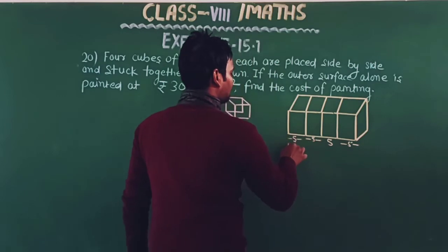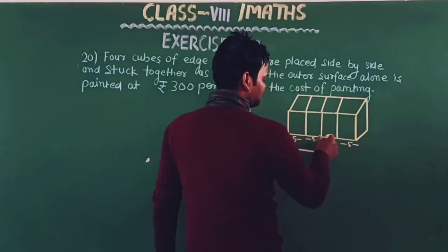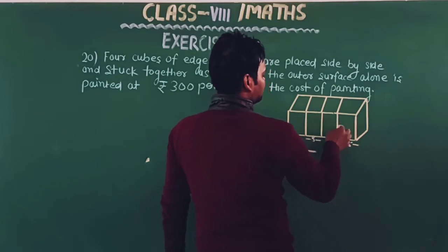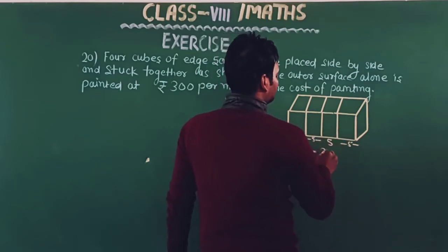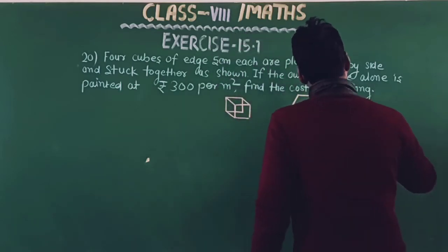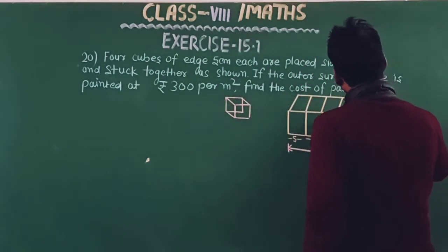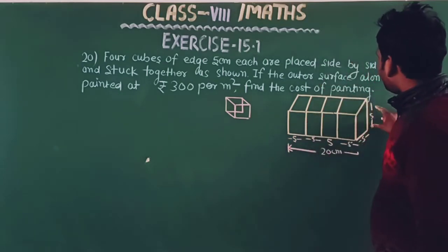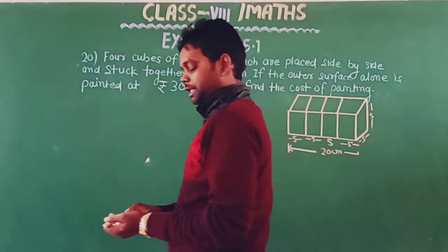So overall the length of this solid is 20 centimeter, and this is 5, this is 5. Its breadth and height remain the same.